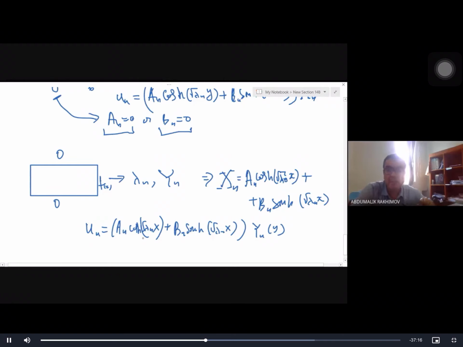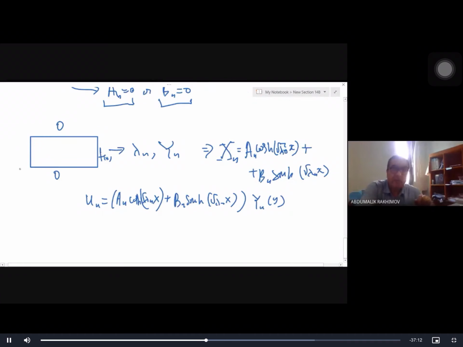This function satisfies two zero conditions. Then you will use the third zero condition and find that an is 0 or bn is 0. It depends on your boundary condition here. If you have no derivative, then an will be 0. If yes, then bn will be 0, because of cosine hyperbolic and sine hyperbolic. This is a scheme. Did you get the answer?